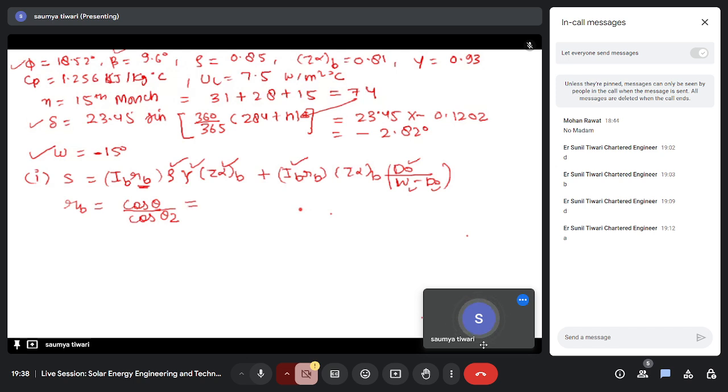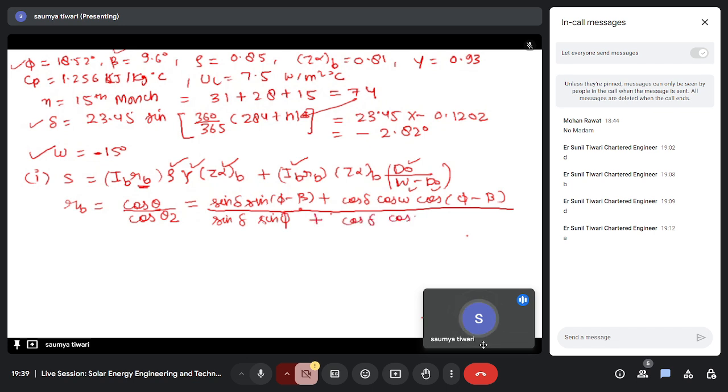If you remember the formula, it will be sine delta, sine phi minus beta plus cos delta, cos omega, cos phi minus beta, divided by sine delta, sine phi for the horizontal surface, plus cos delta, cos omega, and cos phi.